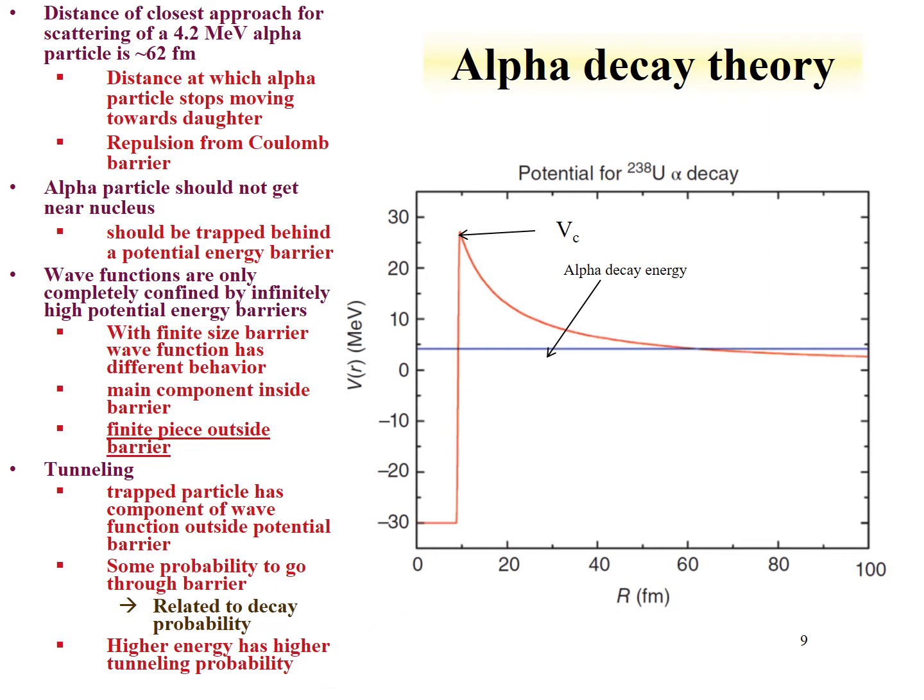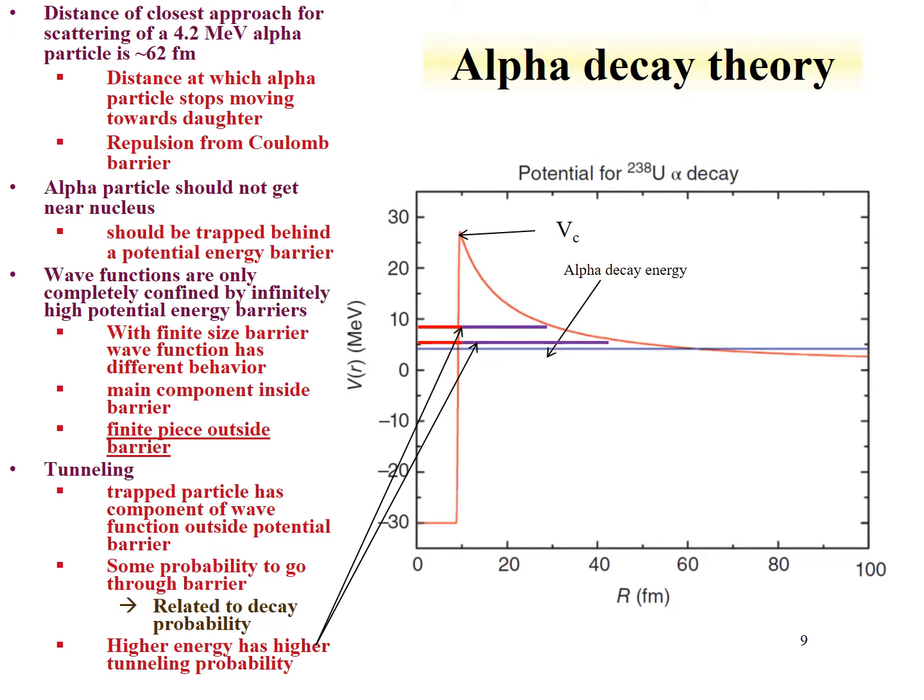Now, higher energies are going to have a higher probability of tunneling through this barrier. As an example, imagine that we have two different energies shown here, one here, one here. The component inside the nuclear potential is the same. The distance that these different energies would have to penetrate through the barrier is different.